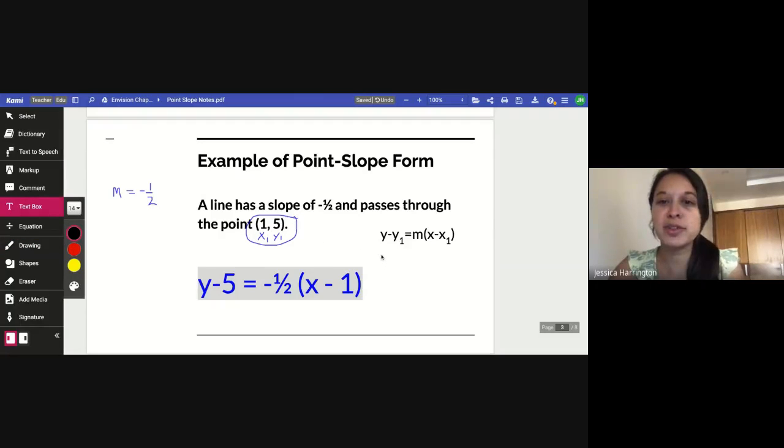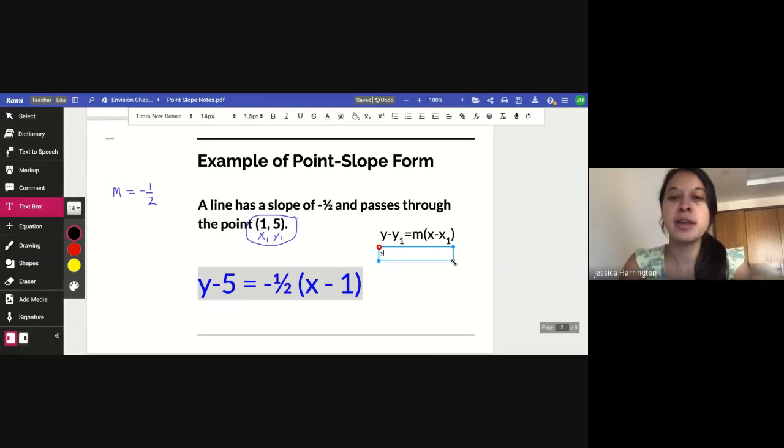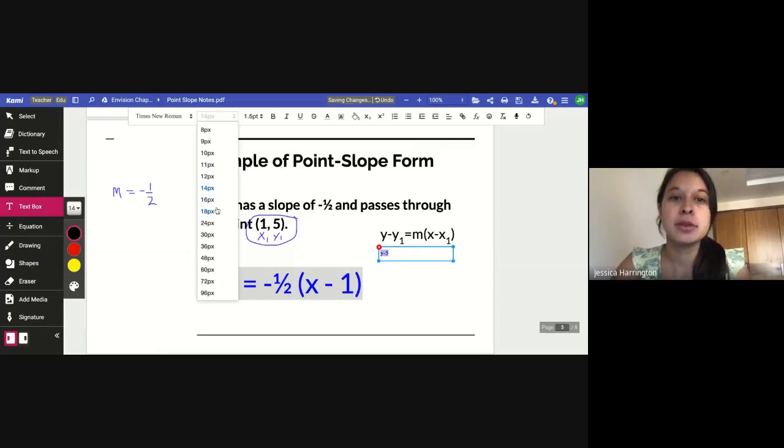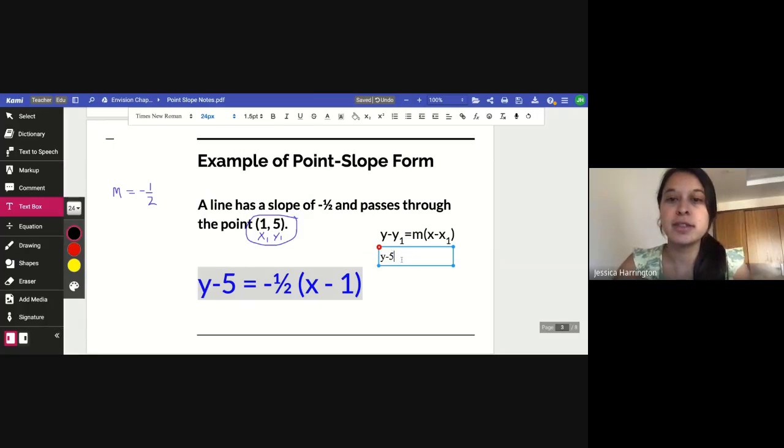I'm going to write it right underneath this text box because this is point-slope form right there. So y minus y1. Well, what's y1? 5. Y minus 5. Then we have equals, and then m.